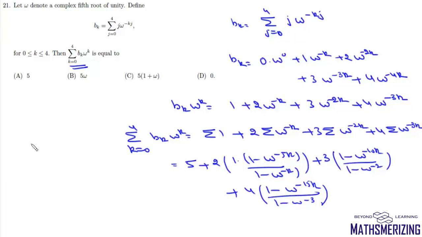Now we know that omega is a fifth root of unity, so omega to the power -5k will always be 1. Any power of omega which is a multiple of 5 will always be 1. So here 1 - 1 will be 0. This one will also be 0, and this one is also 0. So the value of this summation is nothing but 5, and that's your option number A.